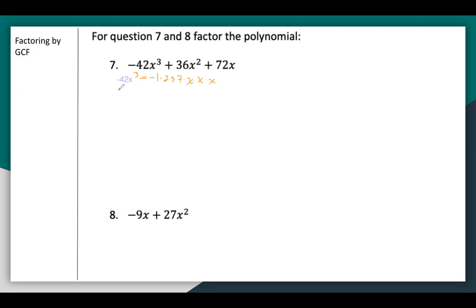Okay. Here, 36x squared. Well, again, because we are factoring out a negative, I need to have this negative 1. So I'm going to write negative 1 times negative 1. That's going to give me a positive number, and then 36 is 6 times 6, which is 2 times 3 times 2 times 3 times x times x.